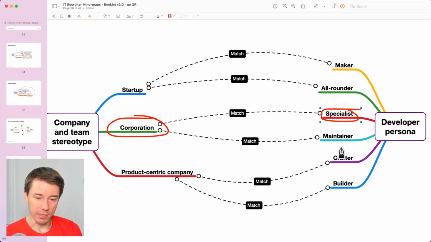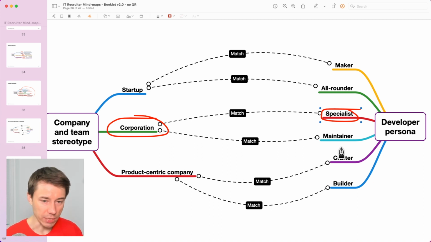Someone who likes to maintain existing projects could also be a great fit, just because in a larger company, in a corporation, there are dozens and dozens of projects that need to be maintained. They may not invest a lot of resources to improve or develop them, but if there is something that needs to be fixed, it needs to be fixed.